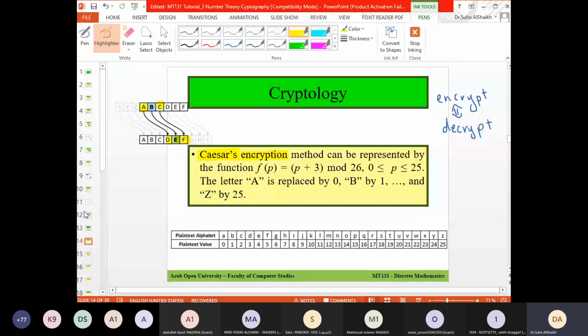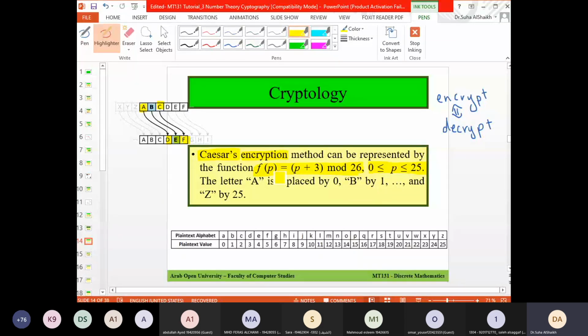Now, to make sure I'm moving within the 26 letters I have in the English language, we are using this function: f of p is equal to p plus 3, where p is from 0 to 25. Why up to 25? From 0 to 25, I have 26 letters in English, right? So I'm moving within 26, meaning from 0 to 25 if I start counting from 0.